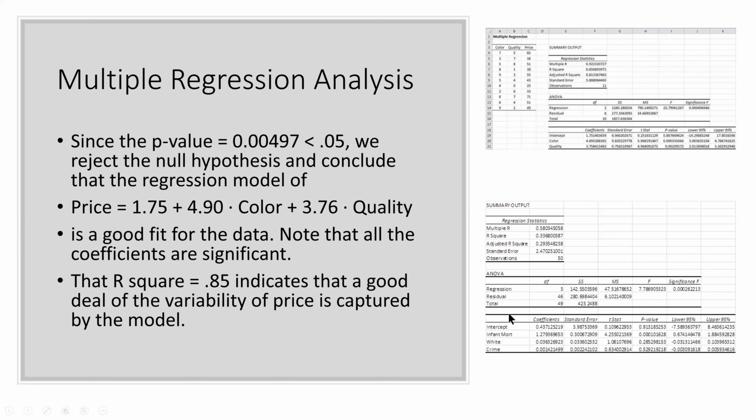In other words, you try different combinations, one independent variable in the model, any combination of 2 out of the 3 in the model, and you will be able to find a maximum adjusted R squared. Remember, the higher the adjusted R squared, the better.